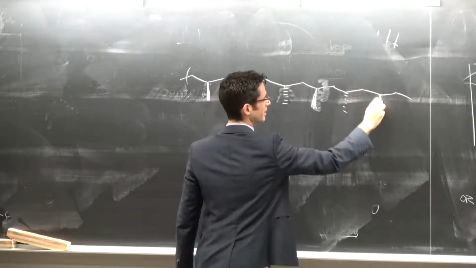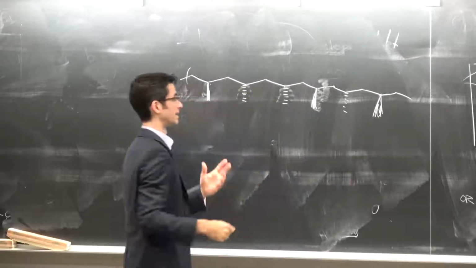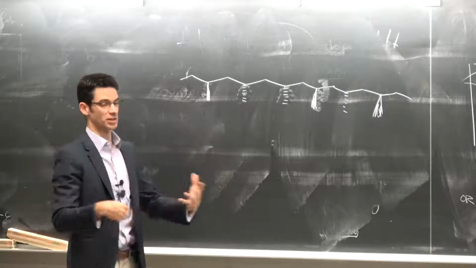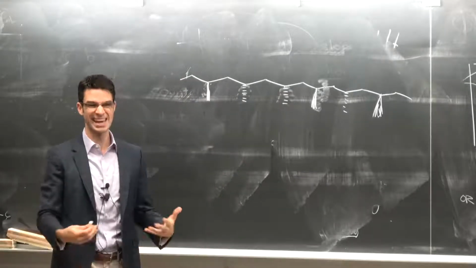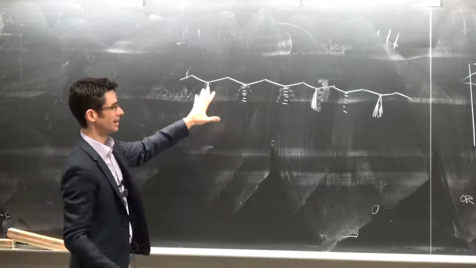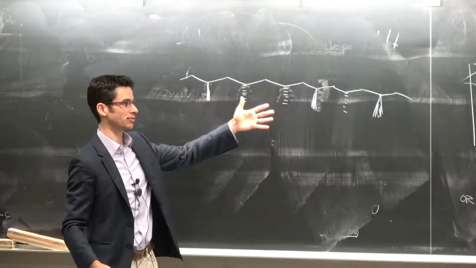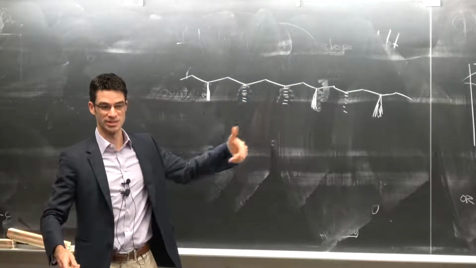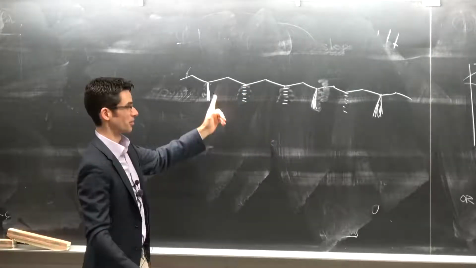I mean that these bonds are random. This is an example of irregular branching. In this case, it's called an atactic polymer. We're not going to go into any details on how you would make something atactic versus isotactic, where they all come out of the board or into the board, or what's called syndiotactic, where they're alternating.